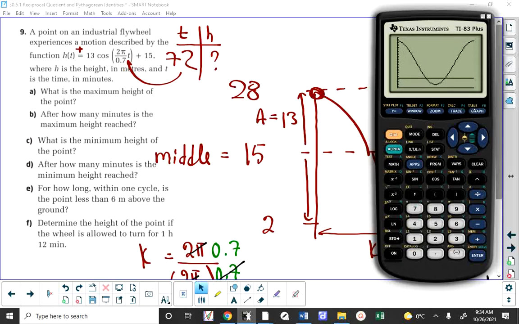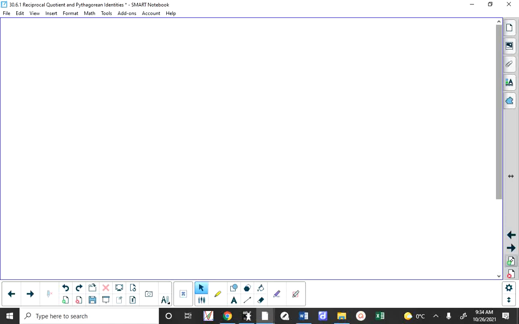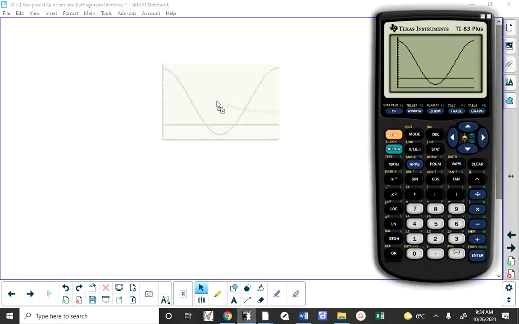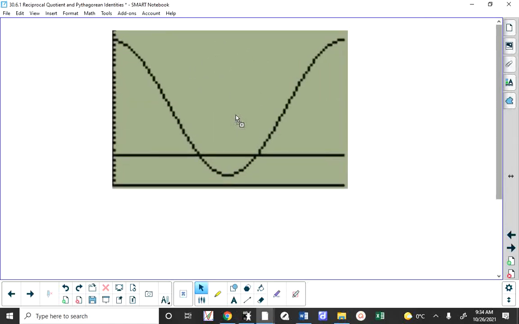And you're going to have to find these two intersection points and look at the x coordinates for each and subtract them to find out the length of time it's in that region on the graph. Does that make sense? Okay.